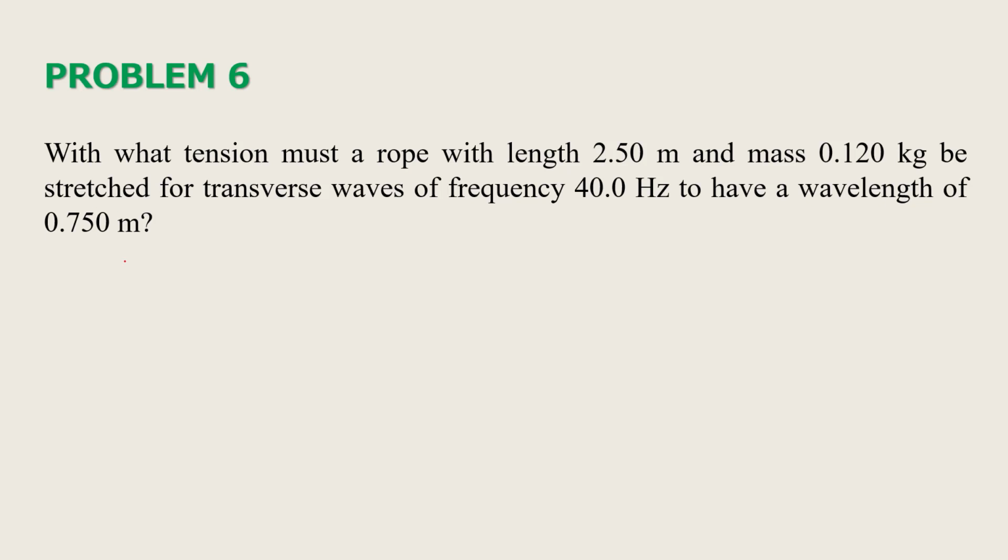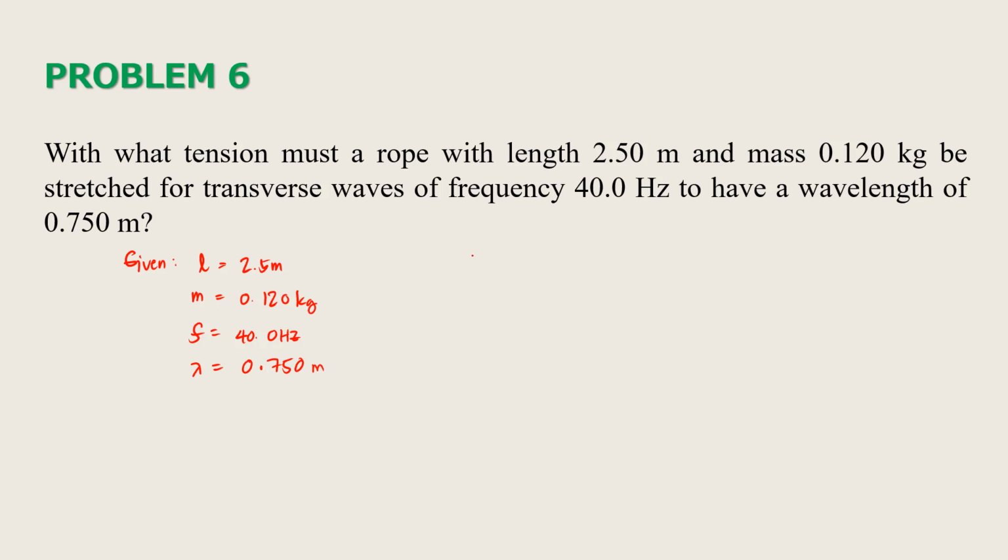So, for this problem, we are given the length, which is equal to 2.5 meters, and the mass, which is equal to 0.12 kilogram. And then we are also given the frequency, which is equal to 40 hertz, and the wavelength, which is equal to 0.75 meter.